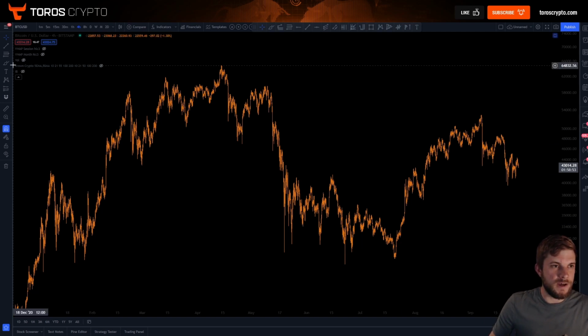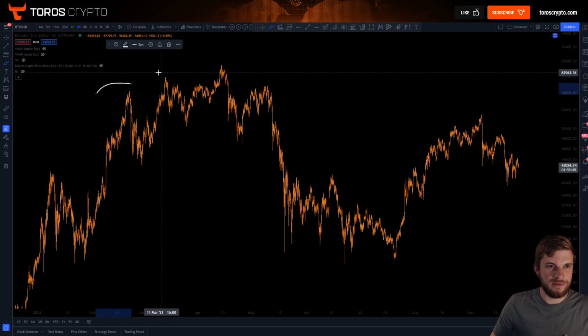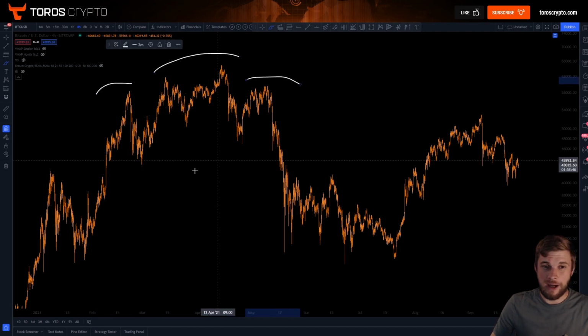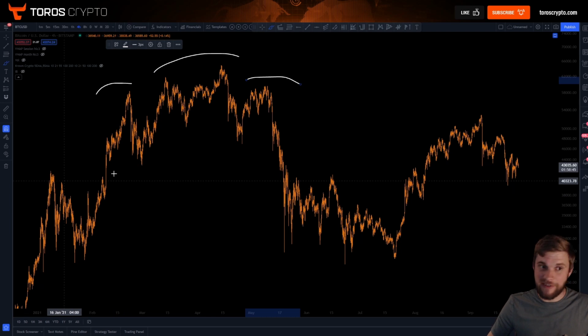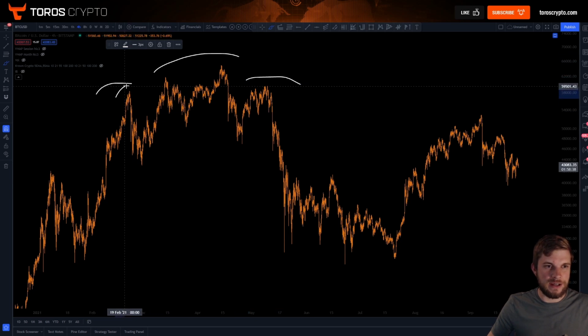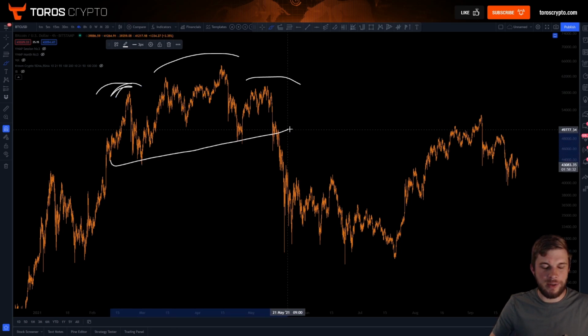Okay, so if you had said maybe seeing a head and shoulders formation up at the top here, I'd say that would be one that is very, very valid. Okay, so you can see here, this is almost like a complex head and shoulders. So you're seeing a left shoulder at this point with almost these two peaks forming this head. You have your neckline, quite a clear upsloping neckline being formed.